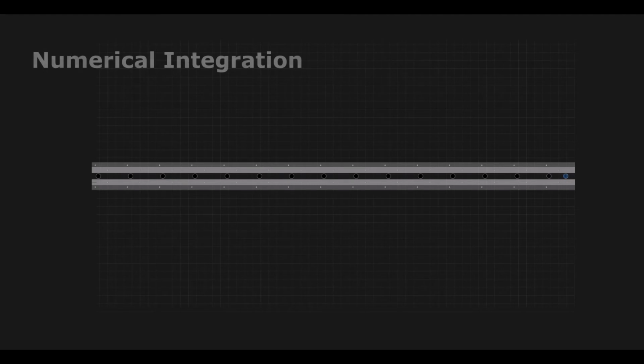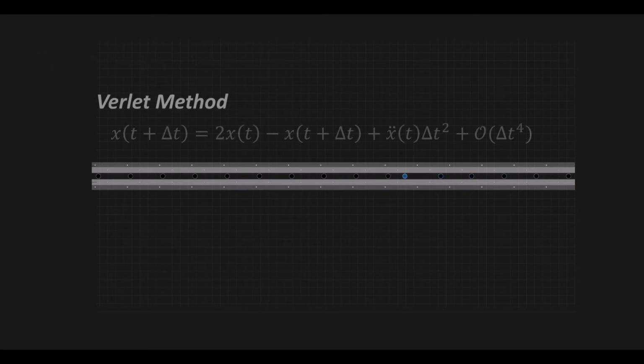I numerically integrate the equations of motion to simulate the material dynamics and test for working geometry. To do this, I use the Verlet integration method, which is a useful method for keeping the total energy of the system constant between time steps. After finding a working geometry, I fabricate my boundary by laser cutting it out of a solid piece of plastic.